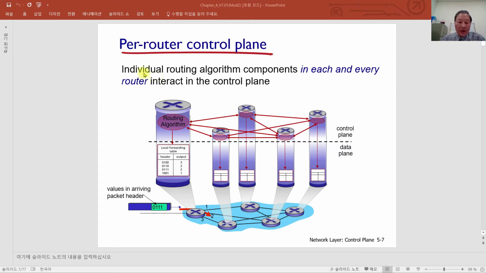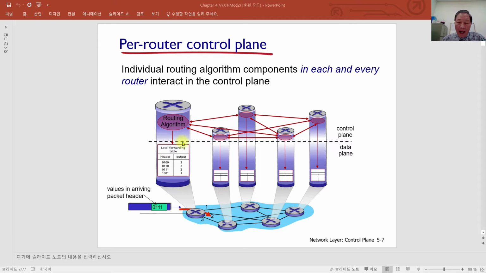Okay, let's read this one first. Individual routing algorithm here, components in each and every router interact in the control plane. This part is called control plane. And this one is traditional single router. And each router is interacting with the other router, and they are exchanging the routing information.